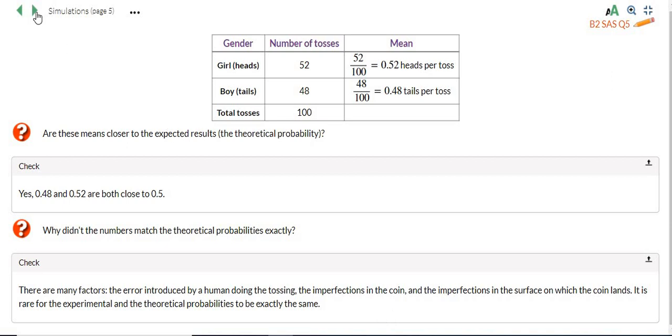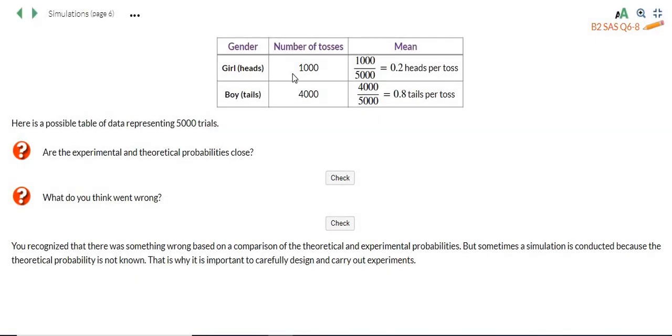Okay, moving on to number 7. I have a new chart here, and it looks like they have now flipped 5,000 times total, and they calculated the mean.